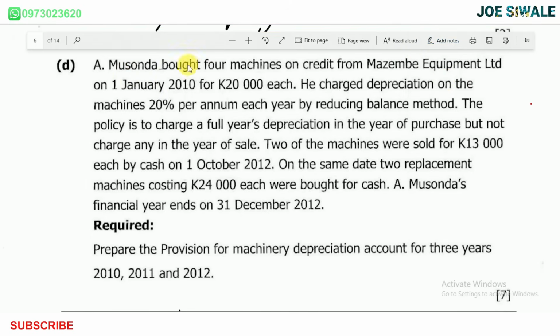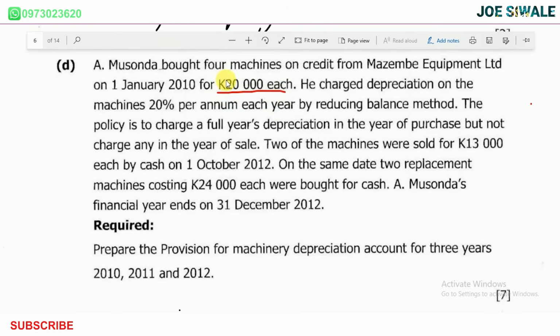We can underline our 20,000, and we know that he bought 4 machines. The question proceeds, he charged depreciation on machines 20% per annum each year by reducing balance method.